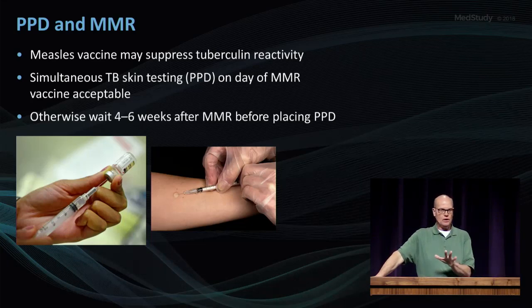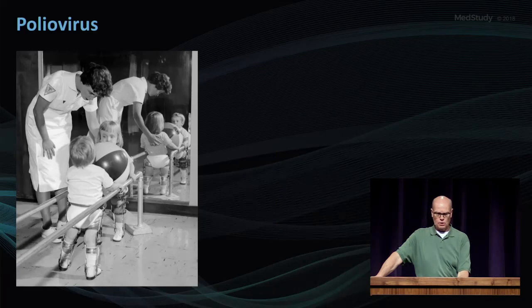And this scenario would likely show up on a question that involved the evaluation of an internationally adopted child who required extensive workup. We're going to talk a little bit about recommendations for children who have been adopted into the States in a little while. How about polio?